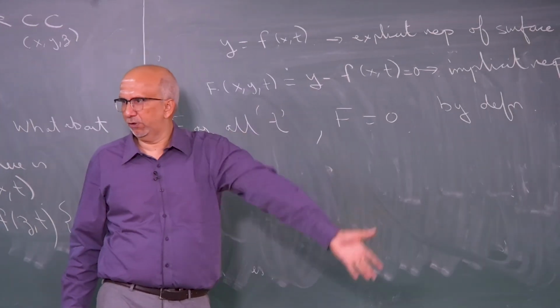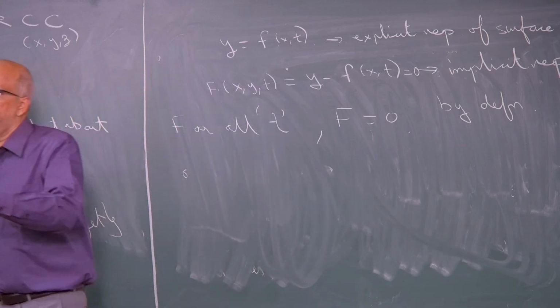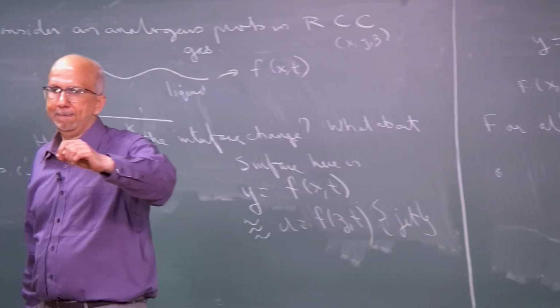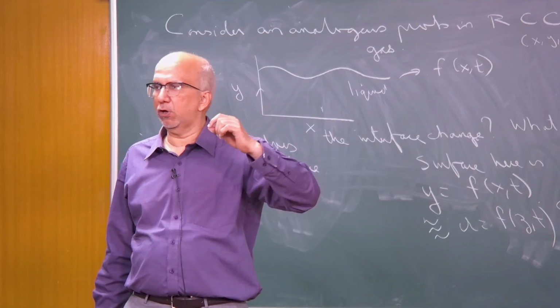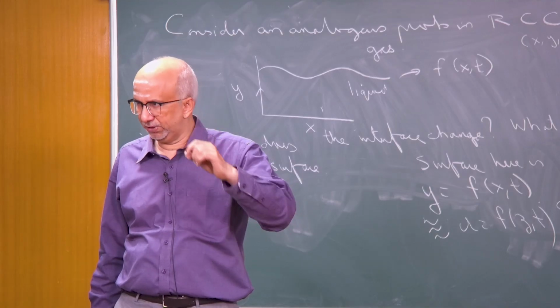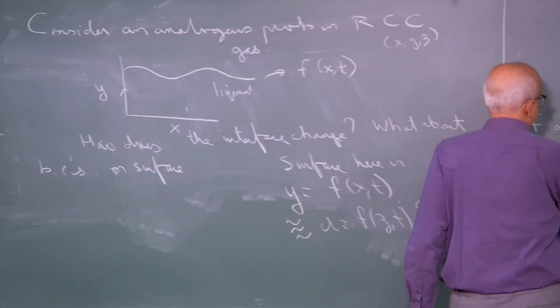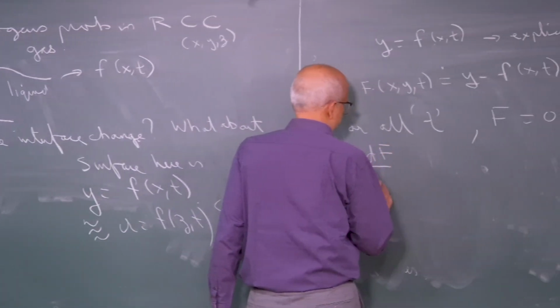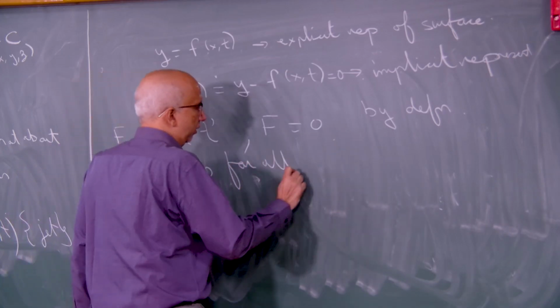So, y minus f will always be 0. I go from one time instant to another time instant, capital F will be the same, capital F will always be 0. So, what I mean by that is dF by dt equal to 0 for all t.